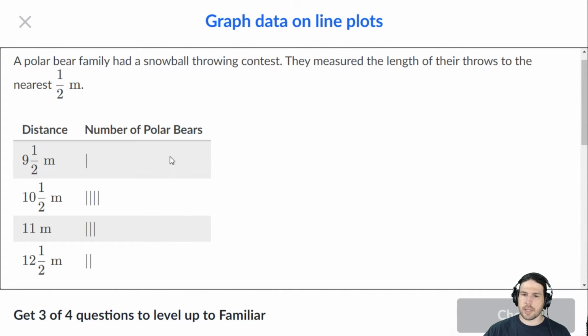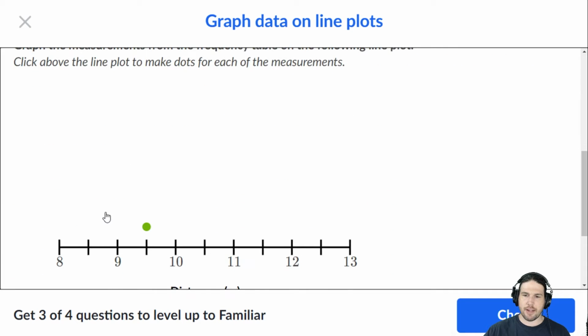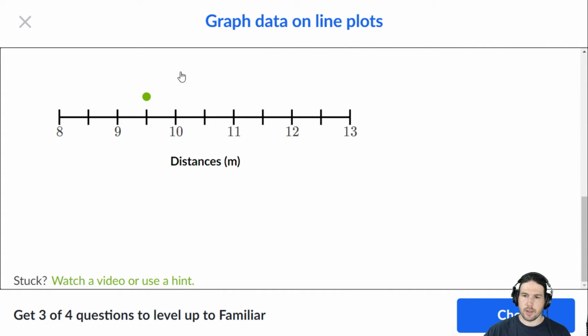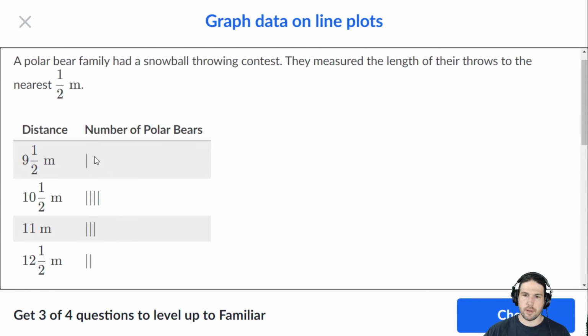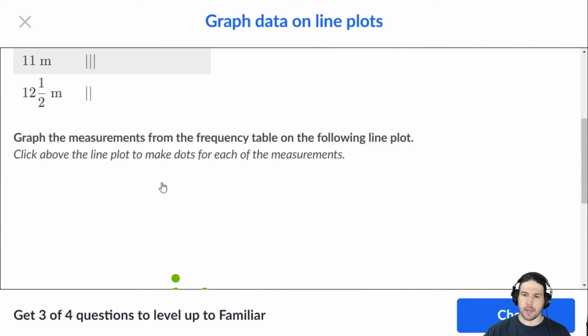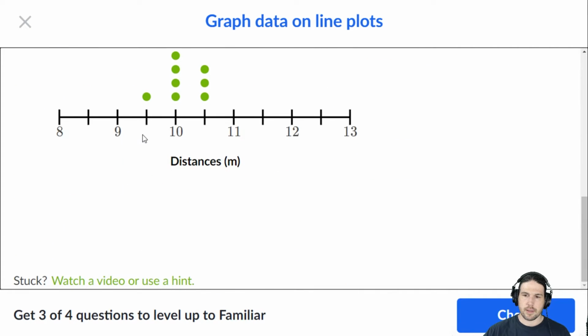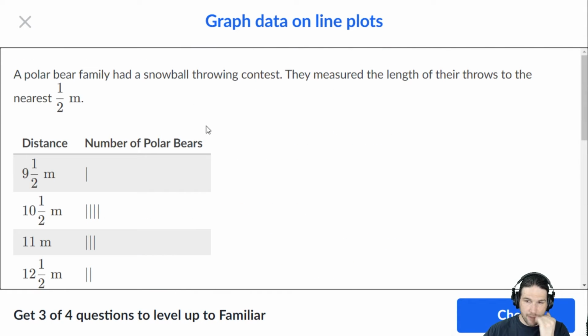So literally, we're just saying for 9.5, that's 1, right? For 10.5, it's 1, 2, 3, 4. For 11, it's 3. Wait, I'm sorry, back up. 10.5, it's 4, right?